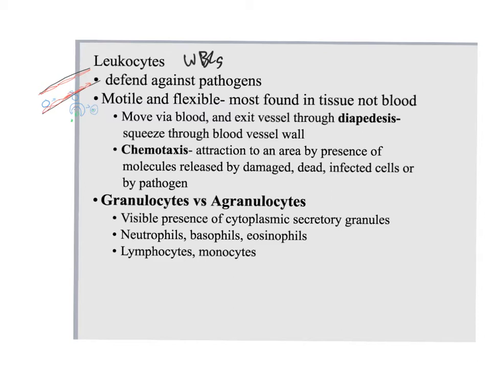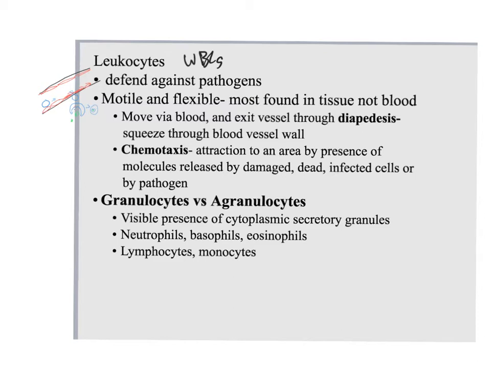So let's go through the different types of white blood cells. You did this in lab pretty extensively if you went through and identified which ones they are through Histogram Plus or whatever the software is called. Basically, we have two different categories: granulocytes and agranulocytes, and that determines whether or not there's visible presence of cytoplasmic granules. So we have neutrophils, basophils, and eosinophils.